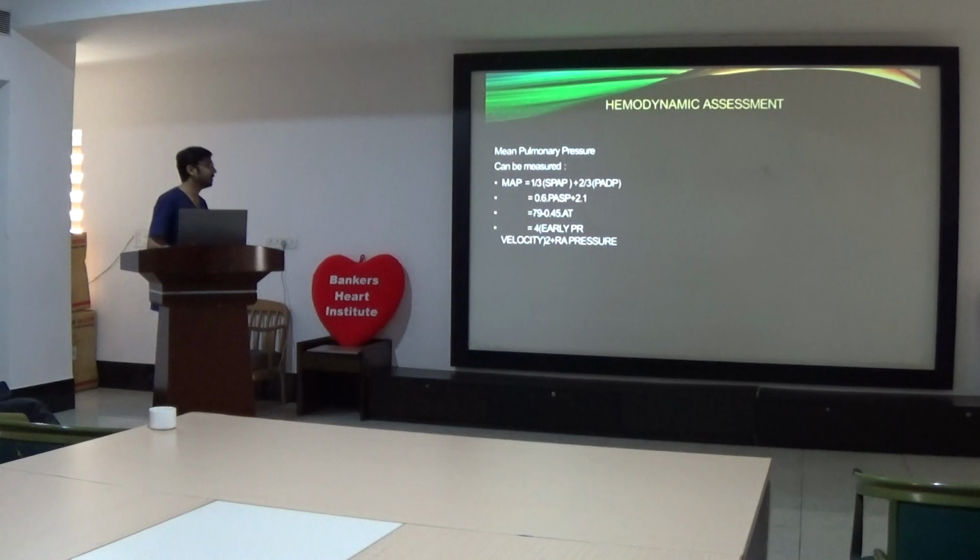Mean pulmonary pressure, as with peripheral arterial pressure, we go through systolic, diastolic and mean pressure. Mean pressure is 1/3 of systolic pulmonary artery pressure plus 2/3 of pulmonary artery diastolic pressure. So this value, as per the velocity of early pulmonary regurgitation plus the RA pressure we have to add, gives the idea of mean pressure.